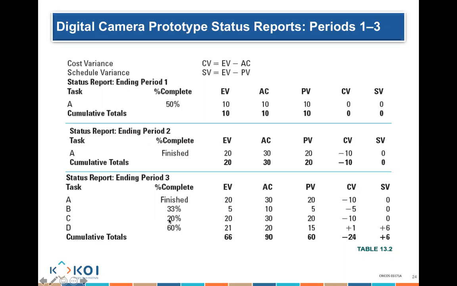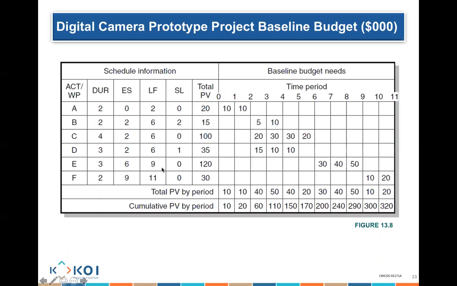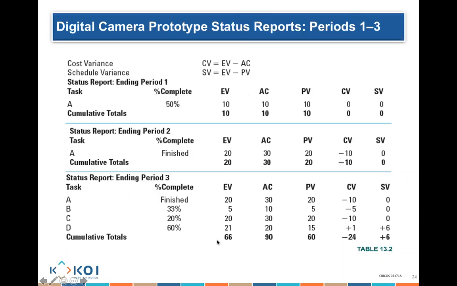So 20% of 100, which is the overall cost of the whole activity C, is $20. So I earned 20. I was planned to earn 20. My actual cost is 30. So cost variance, 20 minus 30 equals minus 10. Schedule variance is 20 minus 20 equals 0. We do the same thing for activity C.